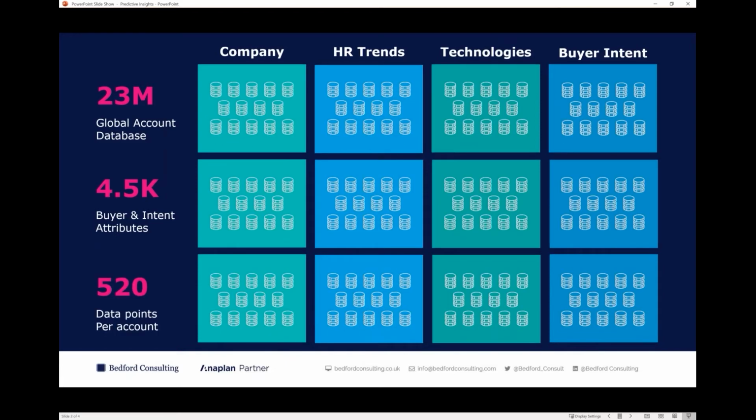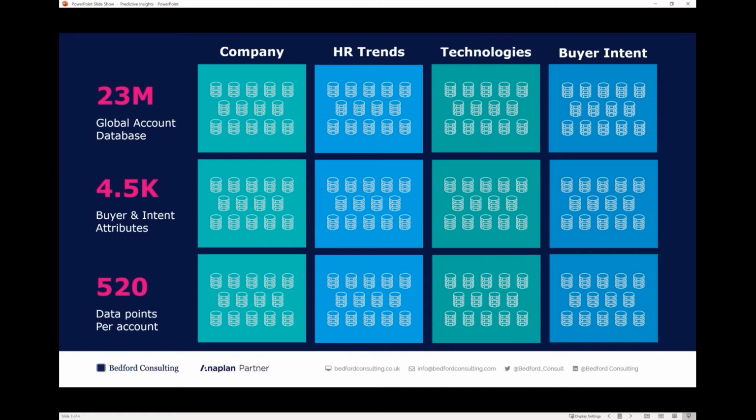On average per account, across the 23 million companies that are in the database, we can identify over 500 unique predictive attributes. So obviously far too much for any human to go through to understand what attributes to prioritize. So instead, that's where the power of the predictive insights piece gets its momentum.